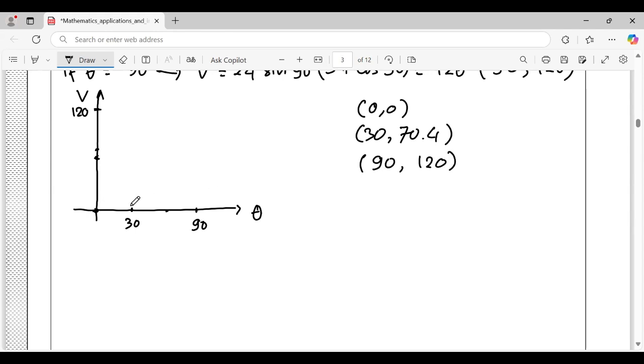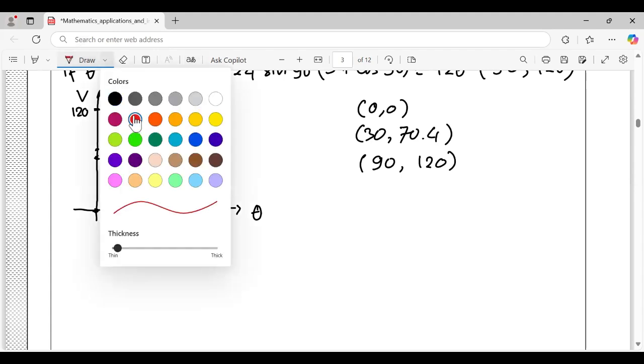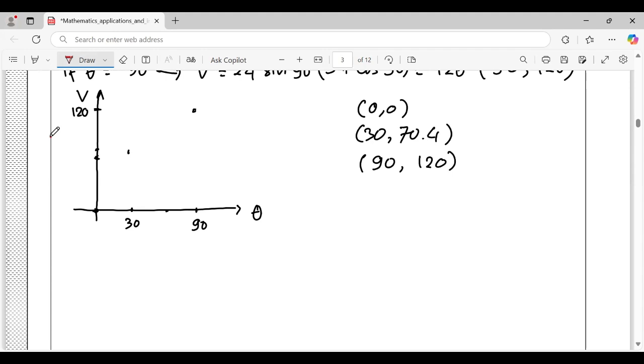I'm going to use a different color and the graph looks like this, with interval theta 0 to 90.